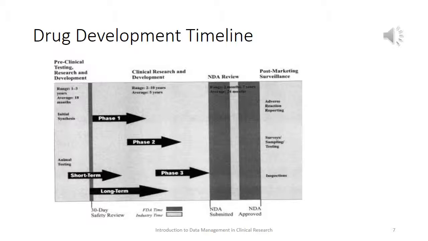We're trying to do our adverse event and adverse drug reaction reporting. We wanted to find if anything new is happening out there. And then we're going to submit that data to the FDA as well. So this gives you a little variation on that drug development timeline.